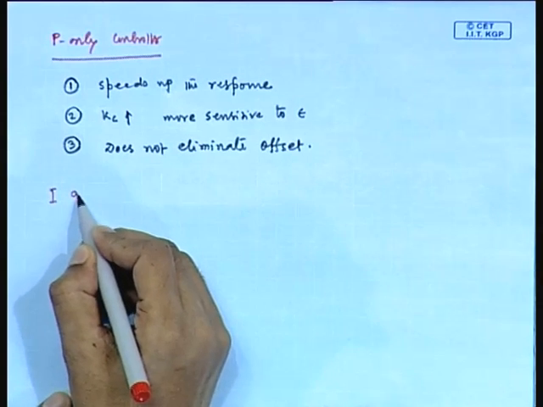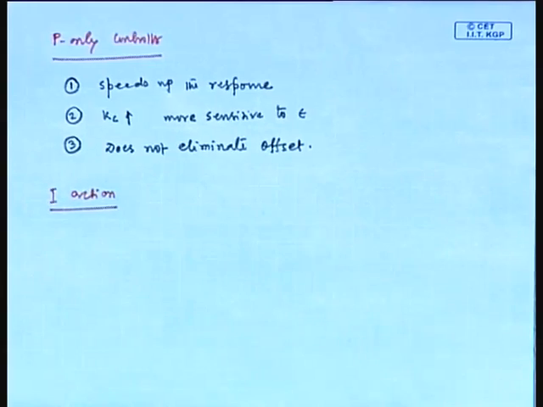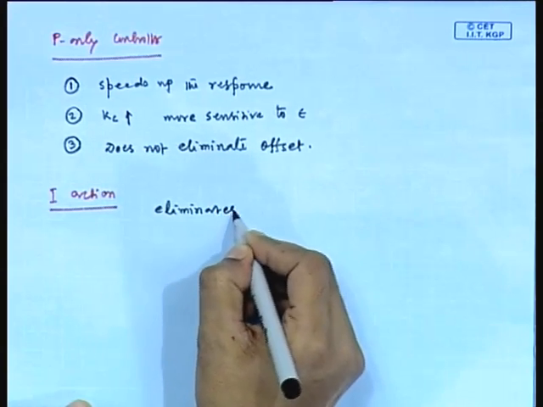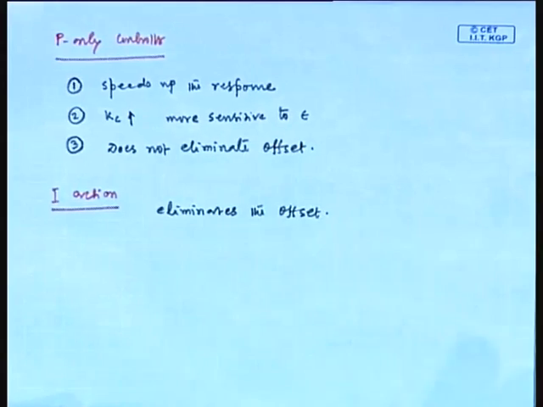If we consider the integral action, then we can say that integral action eliminates the offset, and that is why this integral term is included with P only controller to make PI controller.